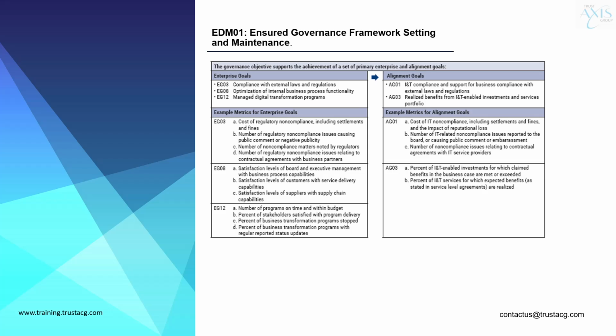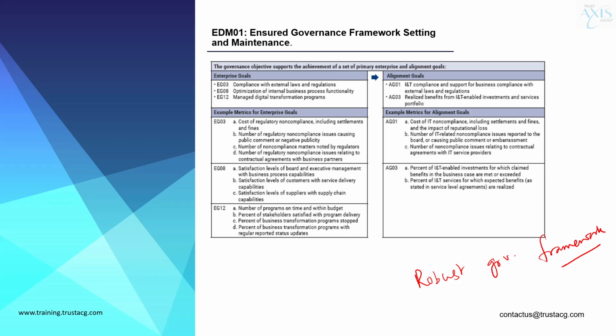This particular objective is focused on establishing and maintaining a robust governance framework. This ensures that the organization's IT activities are effectively directed, monitored, and aligned with the overall goals of the enterprise.